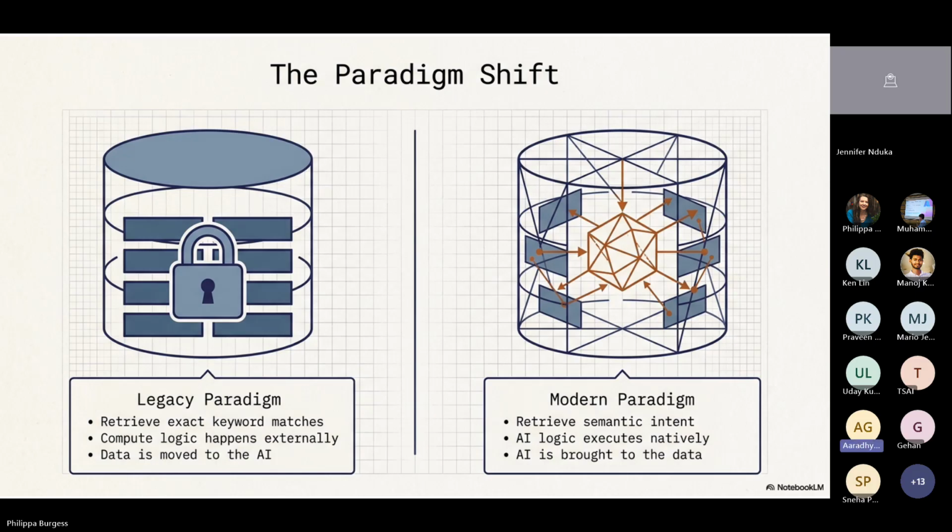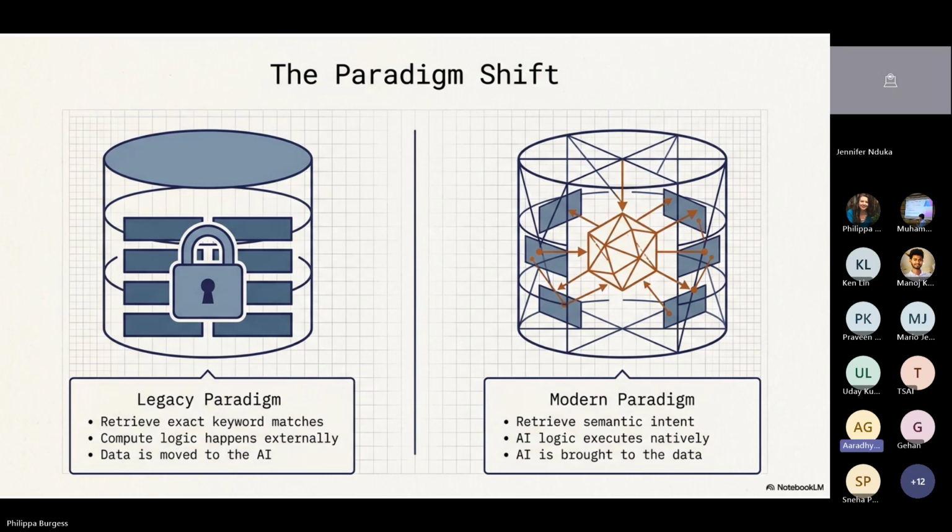Step into phase one of the blueprint, ingestion and vectorization. In traditional application development, if you wanted to generate a vector embedding, your application layer had to fetch the text from the database, make an HTTP call to an external AI service like OpenAI, handle API keys, and wait for the response.